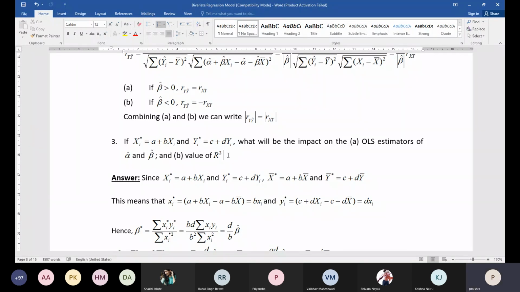Try to do these two at your end during the next 5 days, so that we can have discussion on these two aspects further in the class on Monday. And on Monday, we'll start discussion on testing of hypothesis.